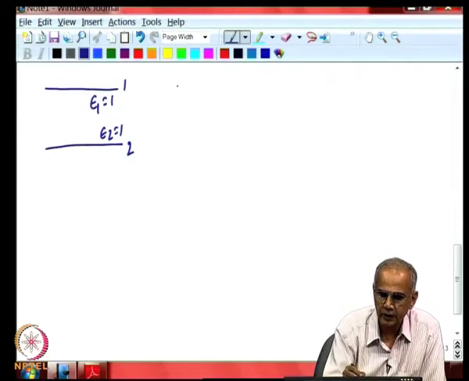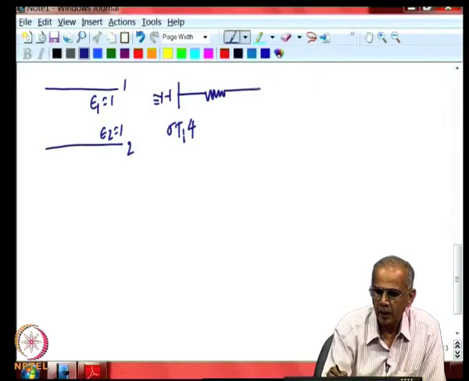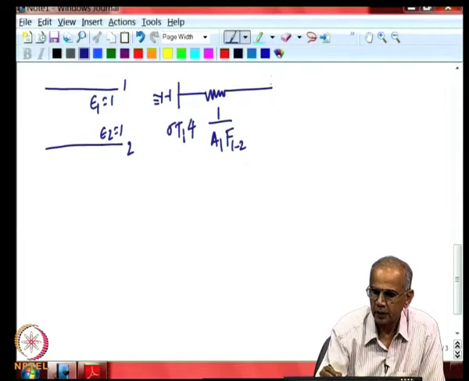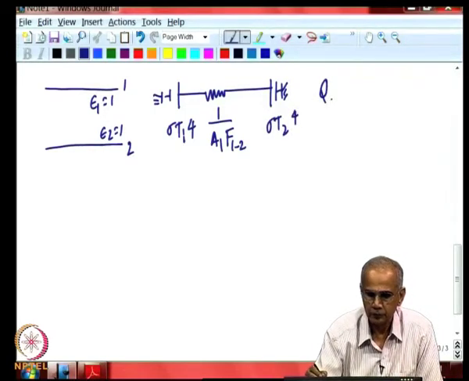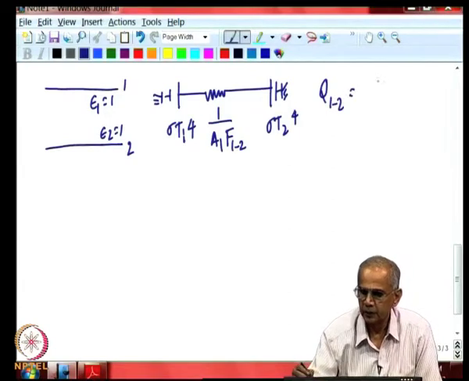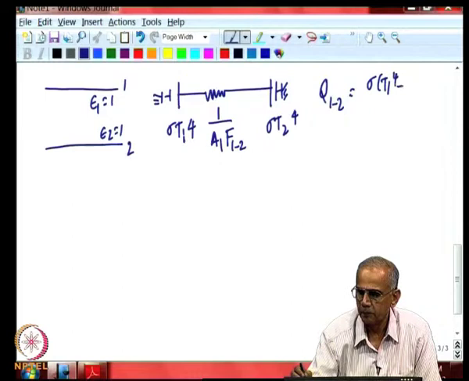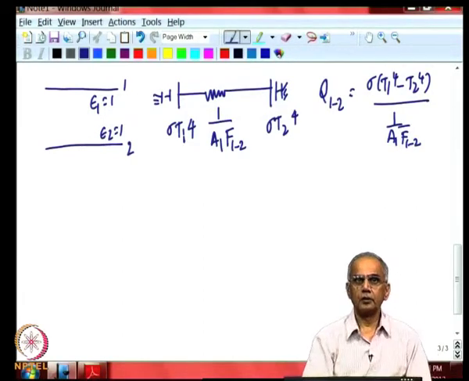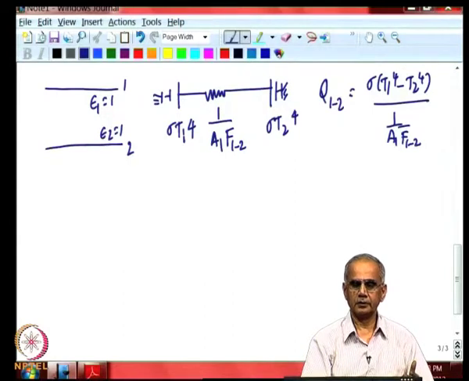So, by electric analogy, we will say surface 1 has a potential sigma T1 to the power of 4, and the resistance between two surfaces is given by this, and surface 2 is sigma T2 to the power of 4, and therefore, Q 1 to 2 is nothing but the difference in potential divided by the resistance. So, this is a very simple way to understand the result for this case.